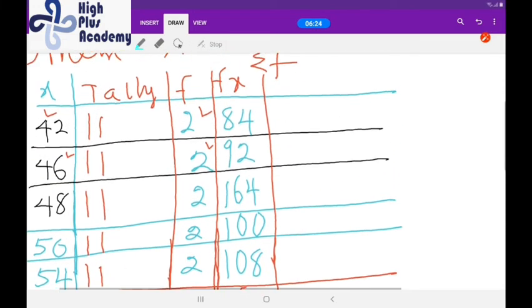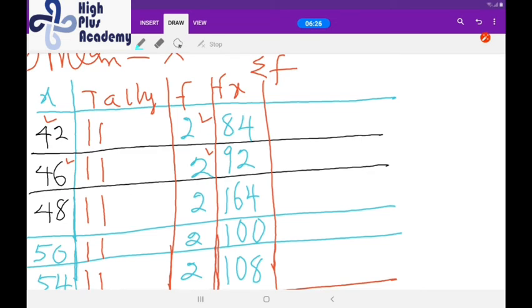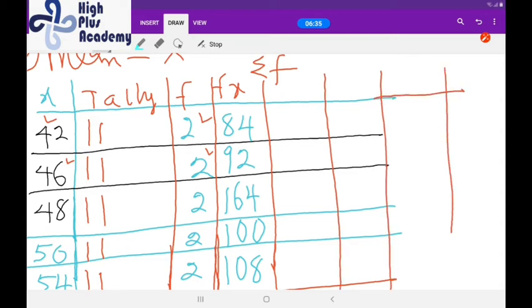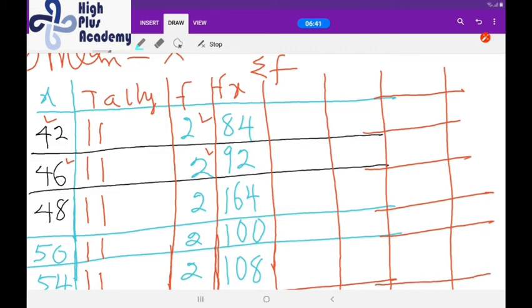The first thing you do is quickly write it out. So we need 3 more columns. Once we miss out any number, there will be a problem. Now we have x minus x bar squared.